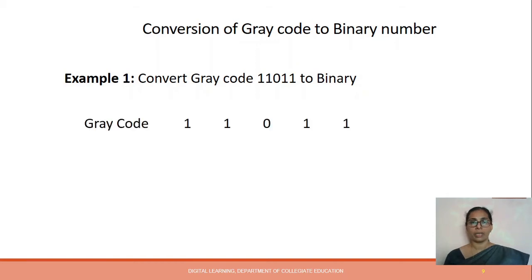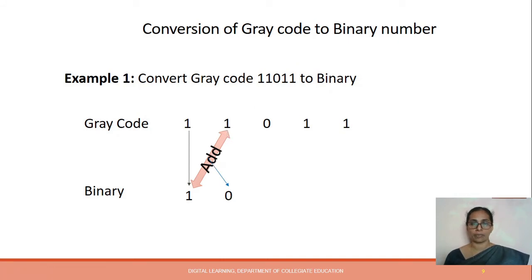The given gray code is 11011. According to the rule, the most significant bit in the gray code and the binary is the same, so 1 will remain as it is. For the next bit, add the already generated bit and the second bit of the gray code. These two we are adding gives the second bit of the binary equivalent.